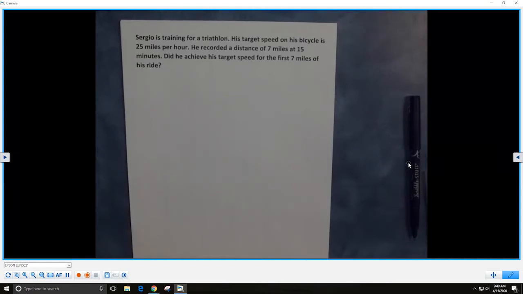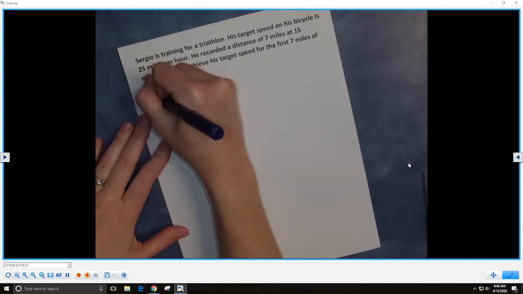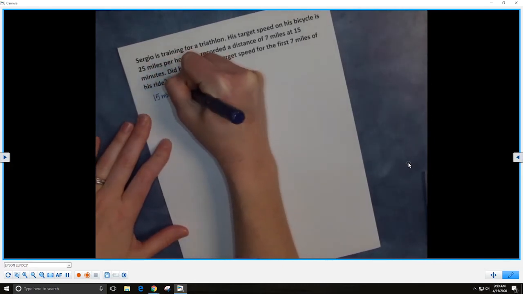We see that we are given how far Sergio rides in 15 minutes, but the problem asks about miles per hour. Maybe we should convert 15 minutes to hours. So what's the relationship between 15 minutes and 1 hour?